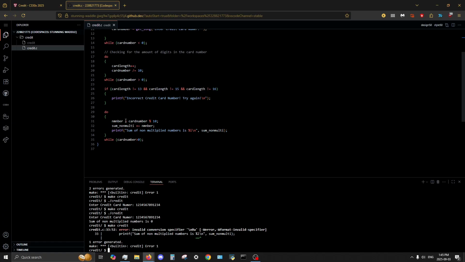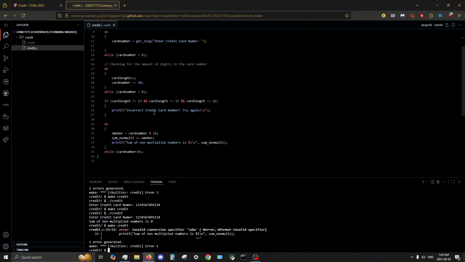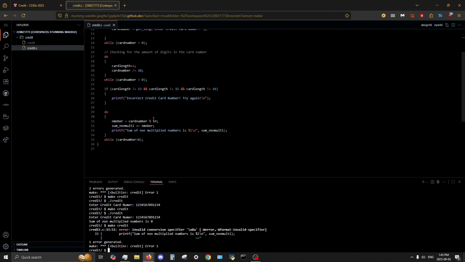So the non-multiplied number is equal to 10% of the card number, right? 10% of the card number reduces the length of the number by 1.